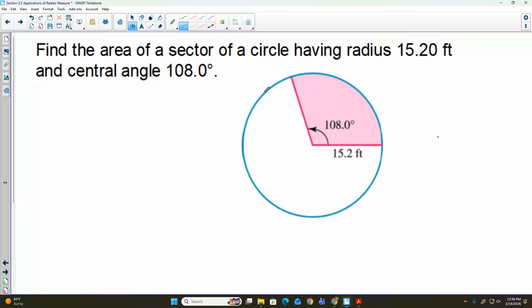If I want the area of a sector of a circle that has a radius of 15.2 feet and a central angle of 108 degrees. So my angle is 108 degrees. What do I need to do? I have to convert, so take it times pi over 180.